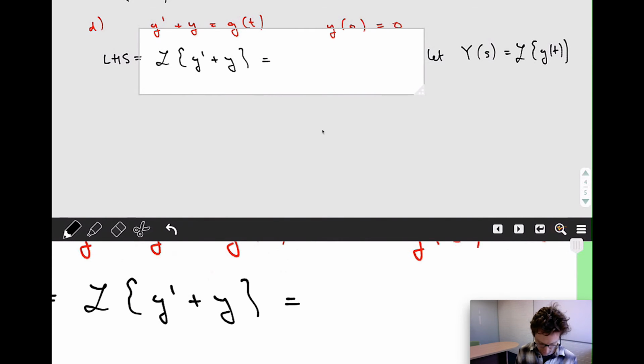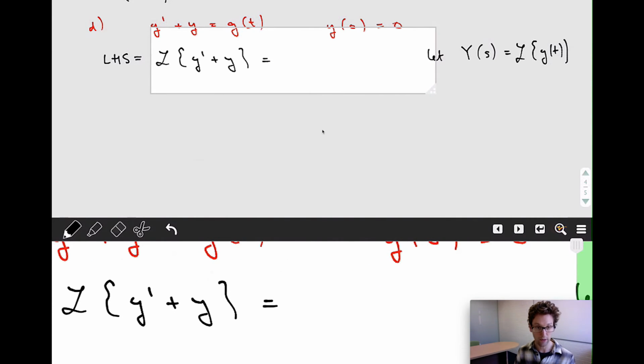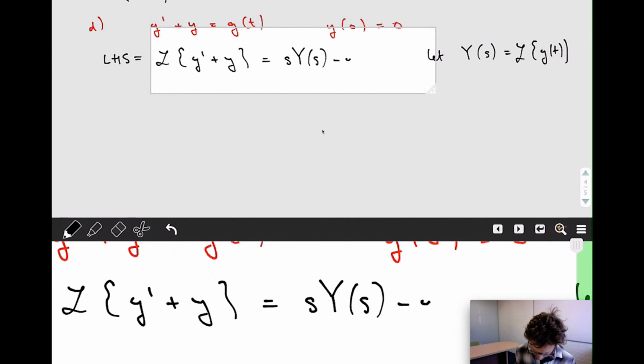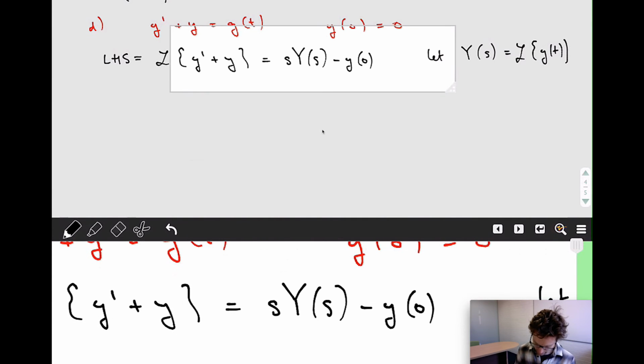Using the formula for the Laplace transform of a derivative, I'm going to get s times the Laplace transform of y, minus the initial value, y at t equals 0, plus the Laplace transform of y. So I also have a Laplace transform of y as well.